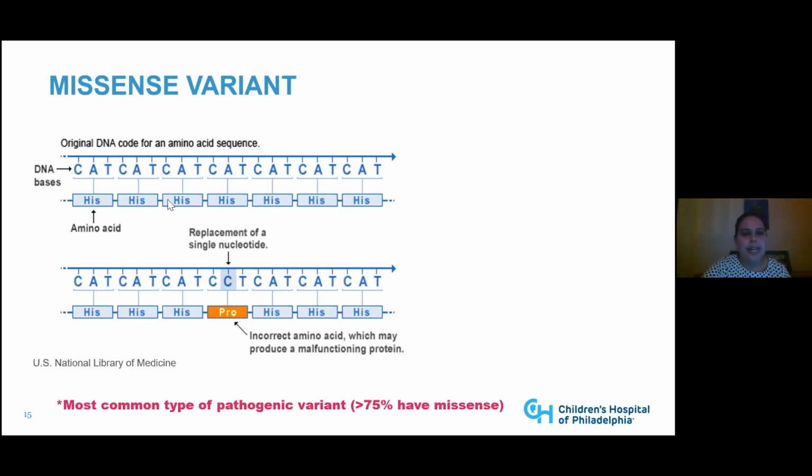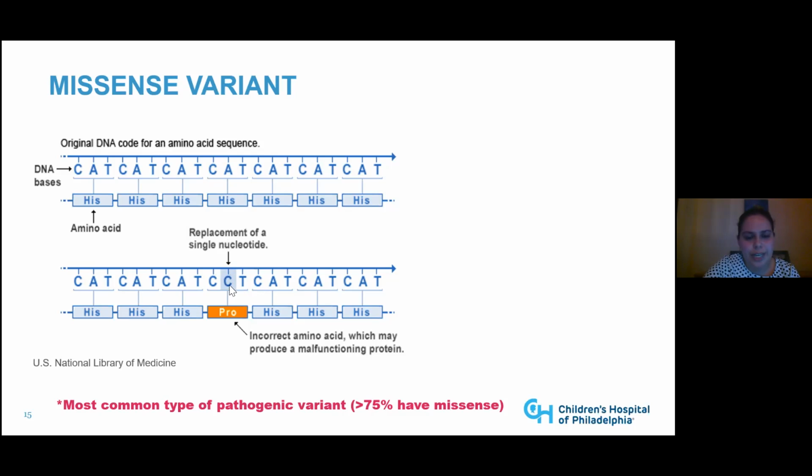So the first type of genetic change that we'll talk about is what we call a missense variant. So this is what we've touched on earlier, where you're supposed to have this CAT spelling here, but instead of CAT in the genetic code, you have CCT.